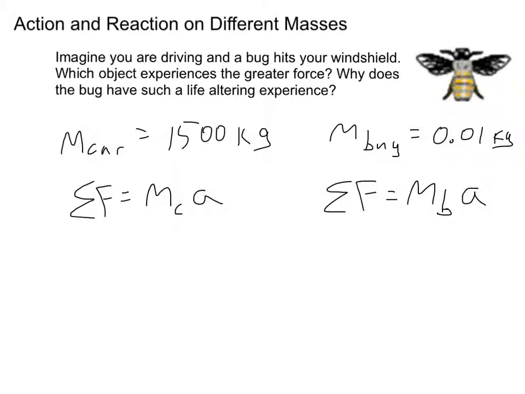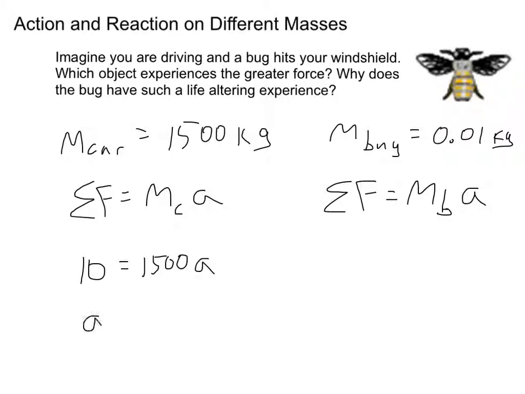Now, Newton's third law tells us then that this force that's experienced by both the car and the bug are equal. So if we imagine that this force is, let's just say, 10 newtons. So it's a 10 newton force experienced by the car at 1,500 kilograms.